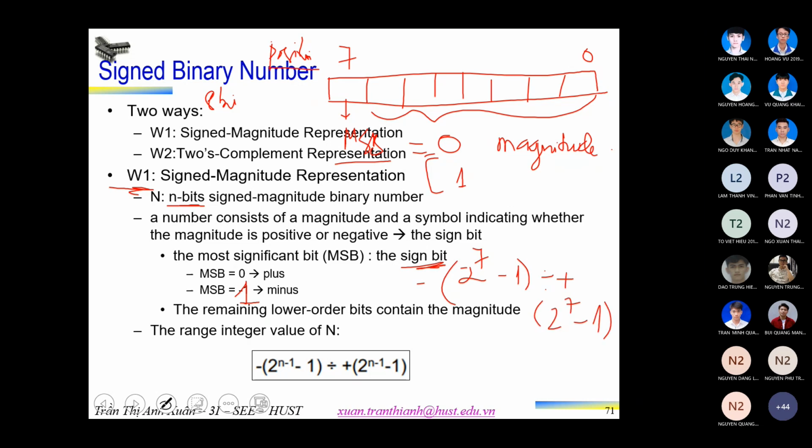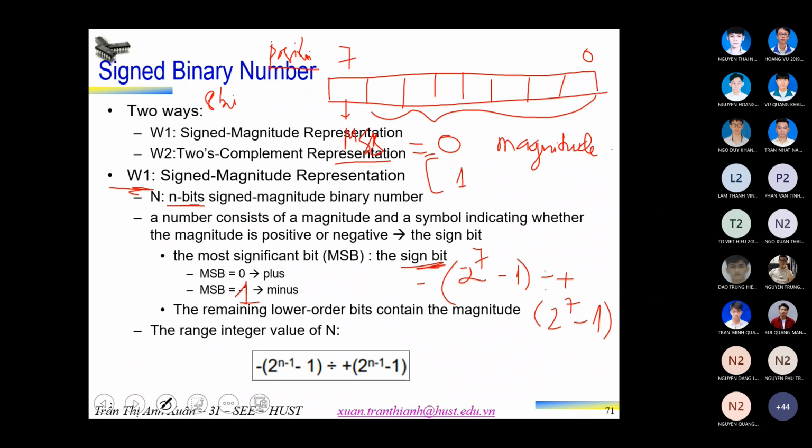Summary: for an L-bit sign-magnitude binary number, we use the MSB as the sign bit.